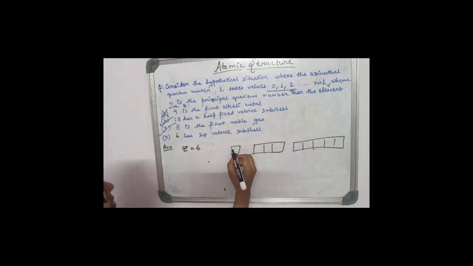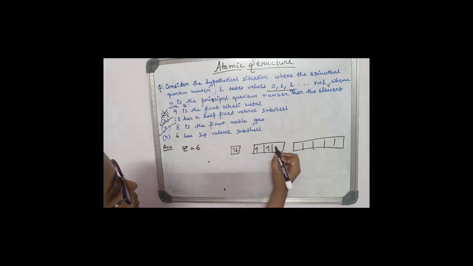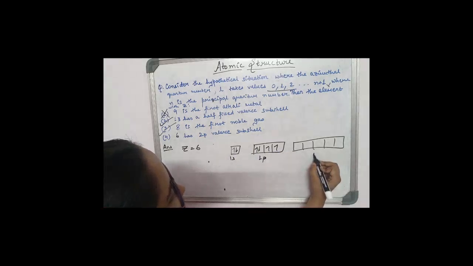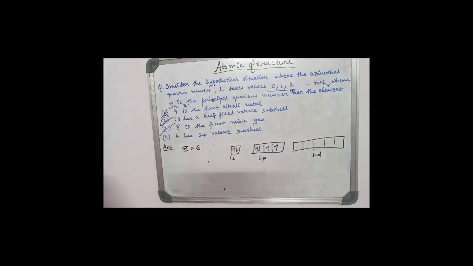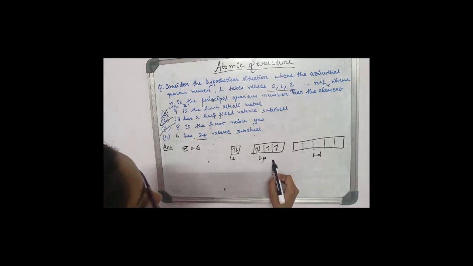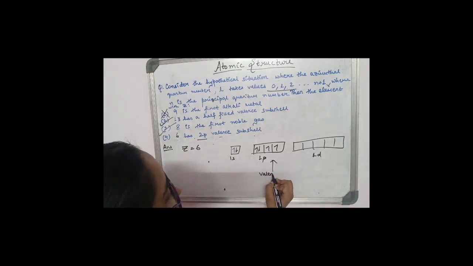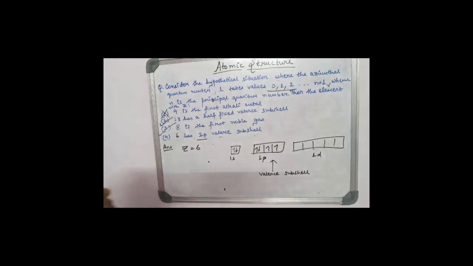So 1, 2, 3, 4, 5, and 6. But in this case, they have said 6 has a valence subshell which is 2p. But in this case, the valence subshell is 1p. So this statement is incorrect. So the fourth option is incorrect. So we have two correct options, that is 2 and 3. Correct options.